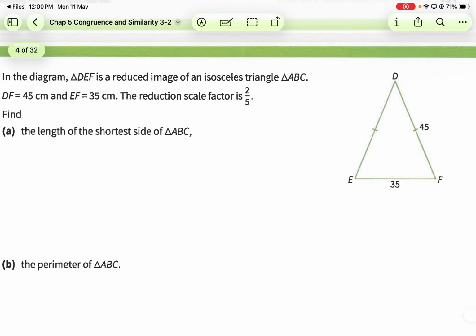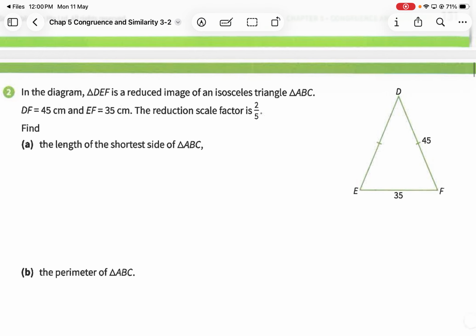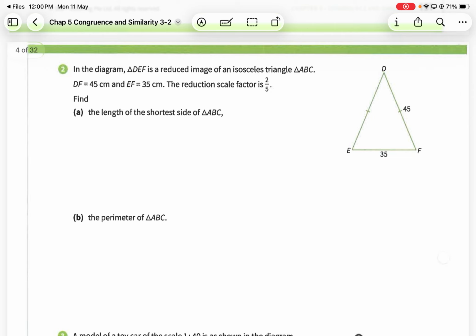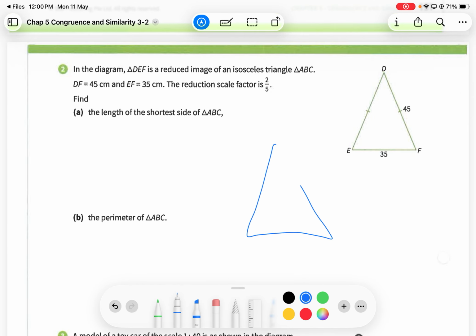In the diagram, DEF is a reduced image. So this one is the reduced one. The original is bigger. Okay? So there is an original ABC.